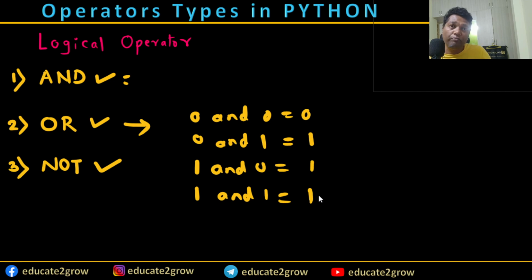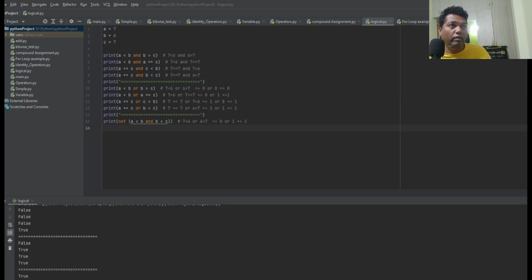Let's go to the programming window and see how exactly it is going to work out. Now you see here print a less than b or b greater than c. A value is 7 and b value is 6. 7 less than 6, no, false. Or 6 greater than 7, no, false. So both are false conditions here.